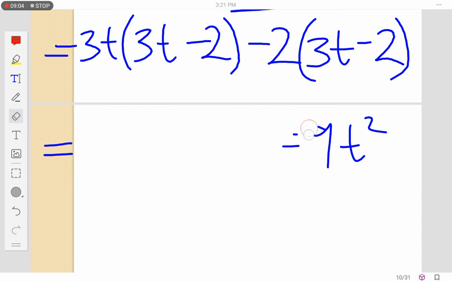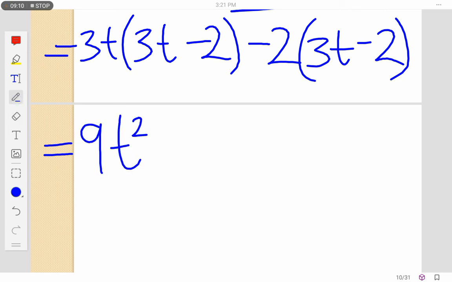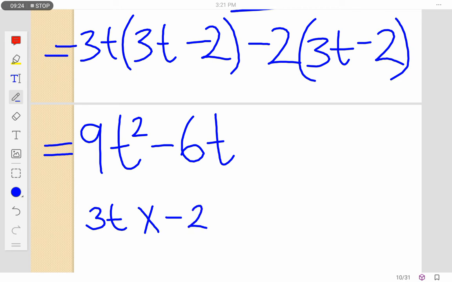That's how you will be multiplying. Let's write, we have got 9t squared. Then 3t times minus 2 there. I get a minus 6t. I'm multiplying 3t times minus 2.